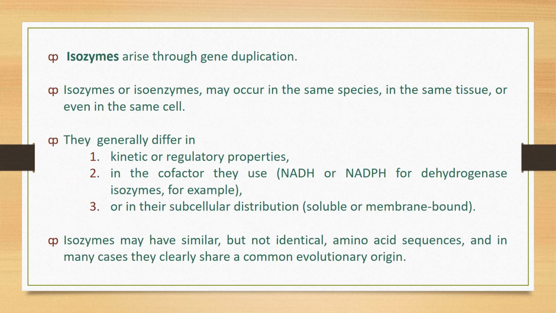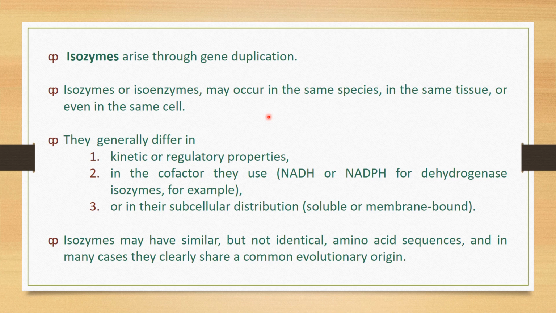We have said that isoenzymes originate from different genes, and they arise through gene duplication. These isoenzymes may occur in the same species, maybe in the same tissue, even in the same cell. Not all the copies may be present in a particular individual, but all the copies are present in the population.